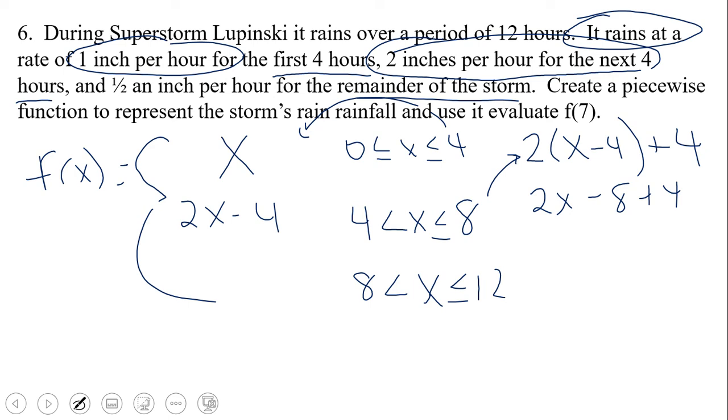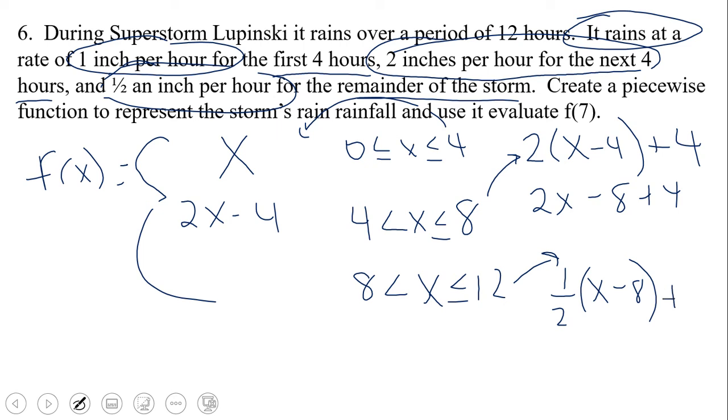For the last piece of the puzzle, it's 1/2 inch per hour for the remainder of the storm. So again, I'm going to do the work off to the side, and then we'll add it back in. Here it's raining 1/2 inch per hour, but only for the hours we haven't already taken into account, which means anything over the first 8 hours. The first 8 hours was already taken care of in the first 2 pieces.